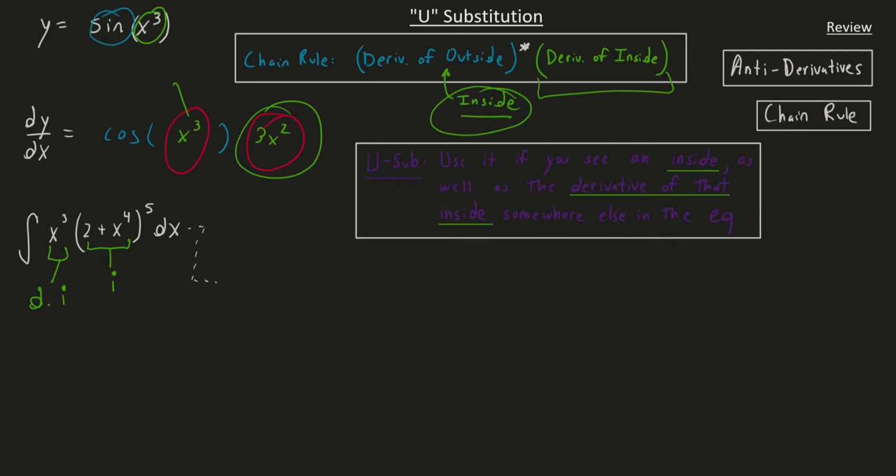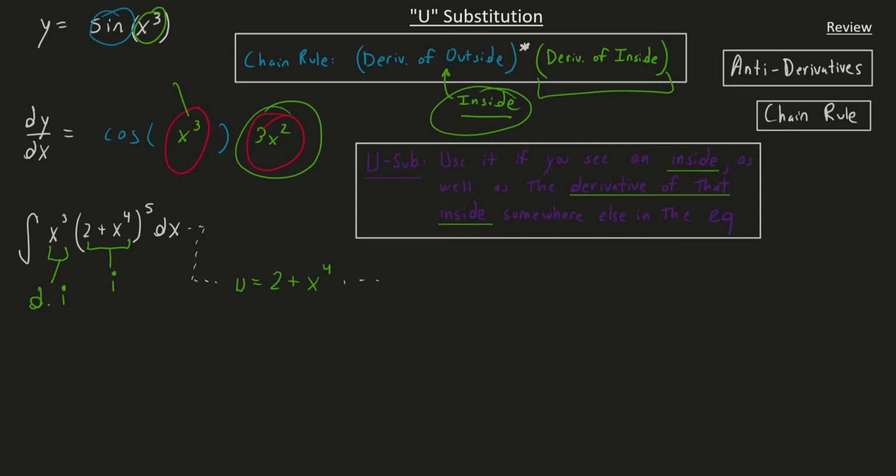So because my inside is 2 plus x to the fourth, that is what I make my u. U basically just means the inside. So from now, the name of the game is to get all the x's out and put the u's in. That's why it's called U-substitution, or substituting. We're trying to get the x's out and u's in.